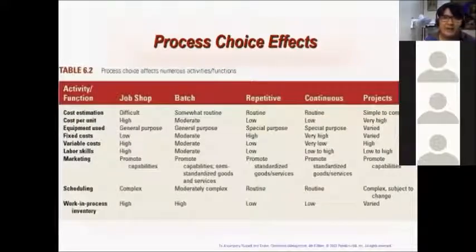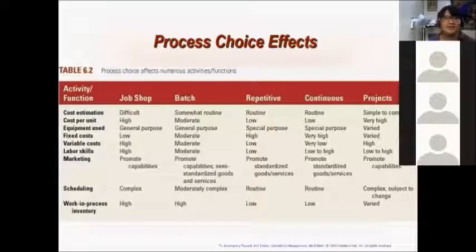Okay? So for process choice, ayan. So again, when it comes to job shop, as we said earlier, labor skill is very high. Okay, but for others like repetitive and continuous, hindi gaano. Hindi gaano kailangan ng employees that are skillful. Okay, basta marunong lang silang mag-operate. Okay na din yon. I'm talking about the production, ha?